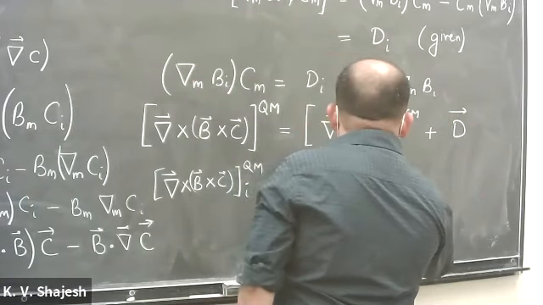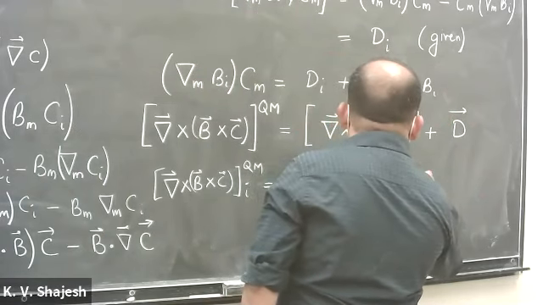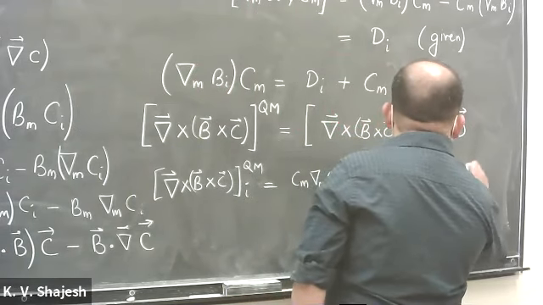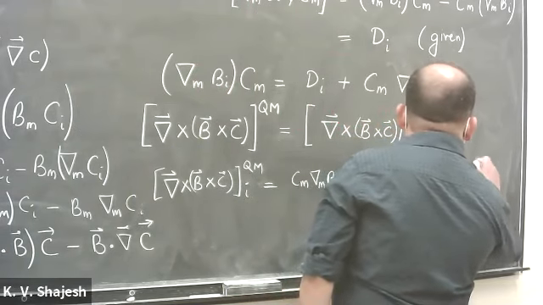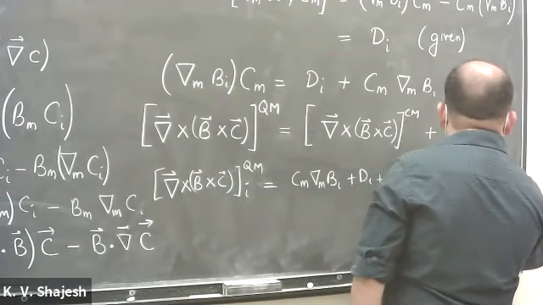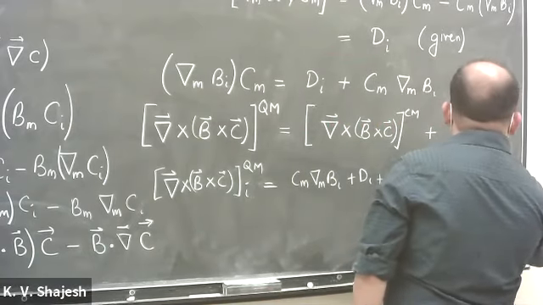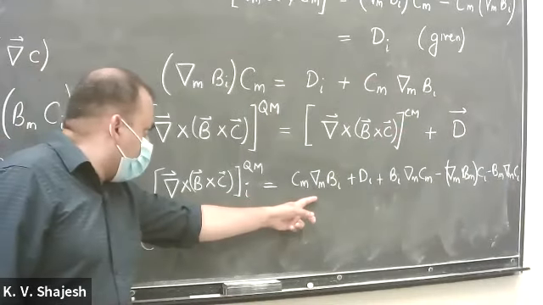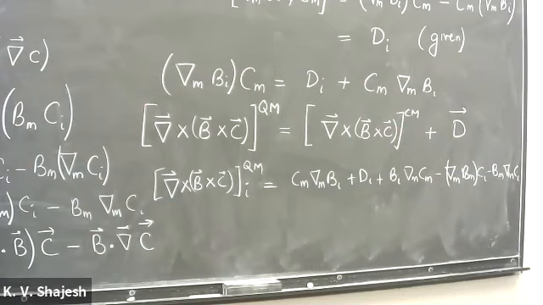Plus DI, delta M, CM, minus delta M, DM, CI, and minus of DM, delta M, CI. What's the difference between this and this. The D. The D is the only difference, correct?